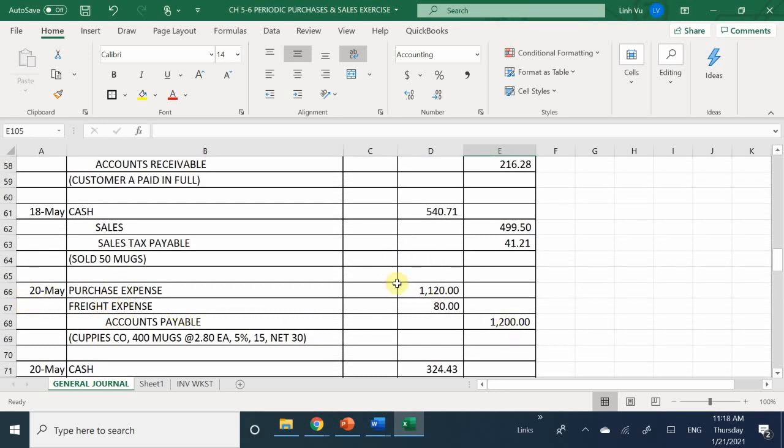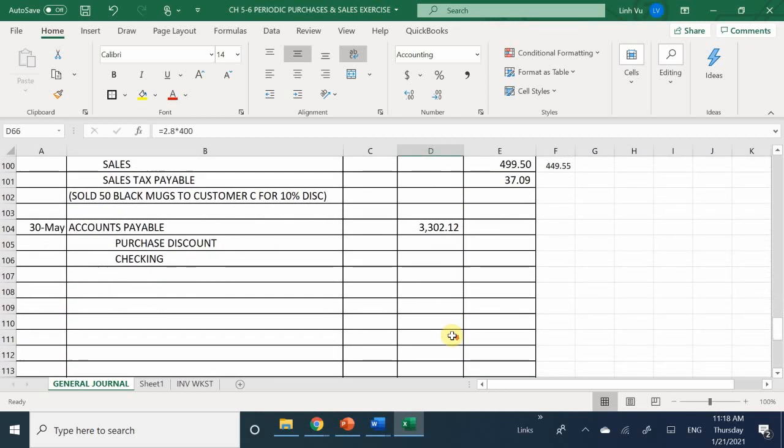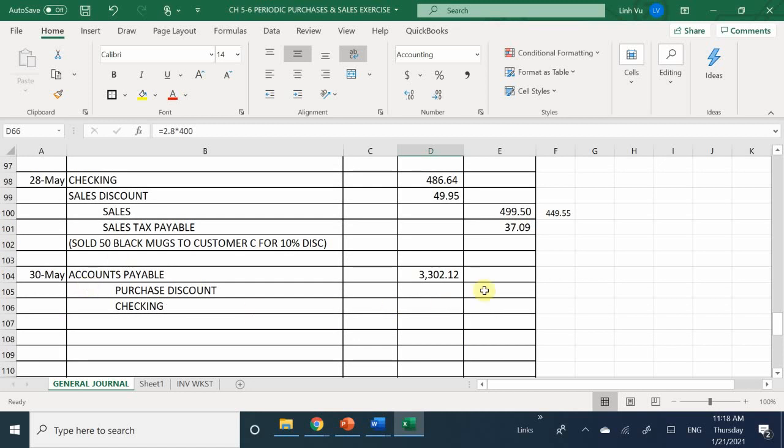The total purchase price was the $11.20. Now, we're taking a 5% discount off of this. So what is 5% of the $11.20? Okay, let's see.